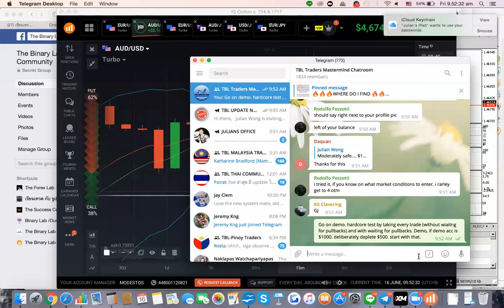So try all kinds of conditions. Asian has been working really well lately for this. I think the Asian market is quite nice to do, the Aussie pairs. Just try it out, and if you feel you're able to cope with that kind of equity fluctuation, then try it on live.